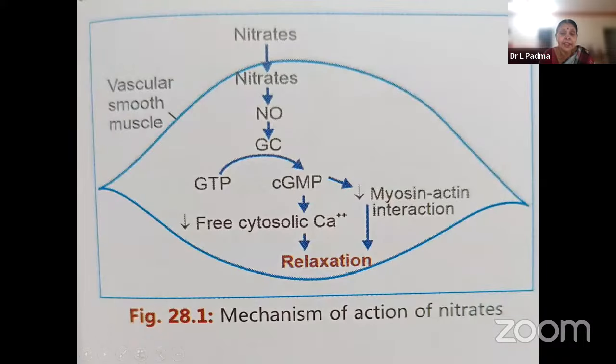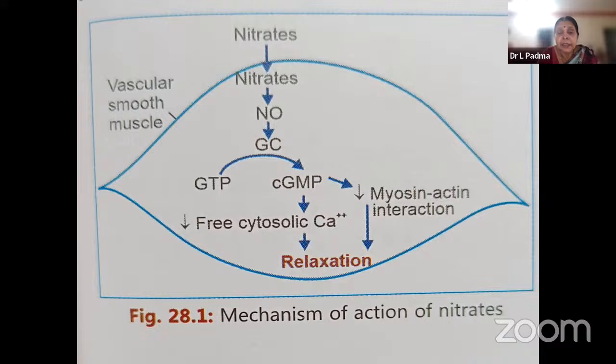Now, coming to the drugs. I have come directly to the drugs rather than enumerating them, as all of you know these usually. So the whole show revolves around nitrates. Why?